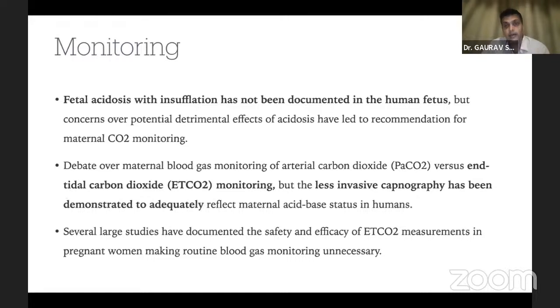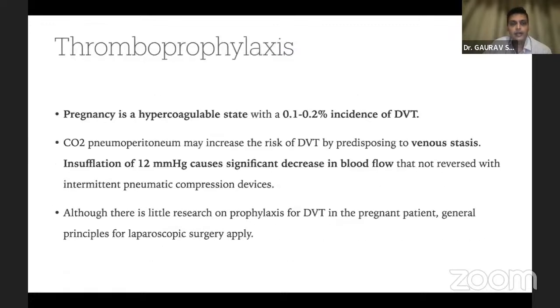However, it is recommended that we monitor the EtCO2, or the end tidal carbon dioxide, and for instance, capnography is a less invasive approach that ideally should be done to make sure that both the mother and the fetus are safe during a laparoscopy.